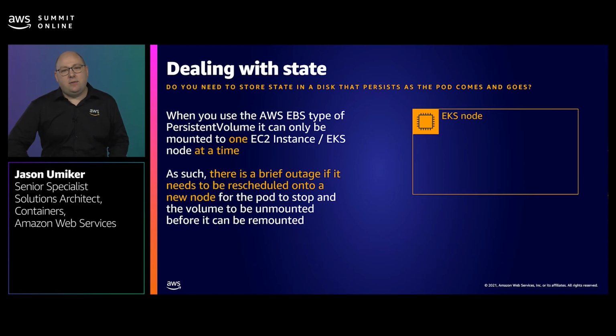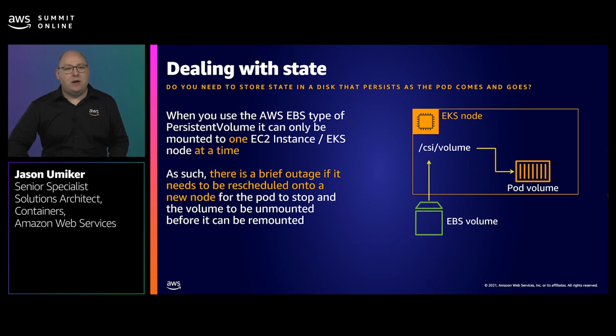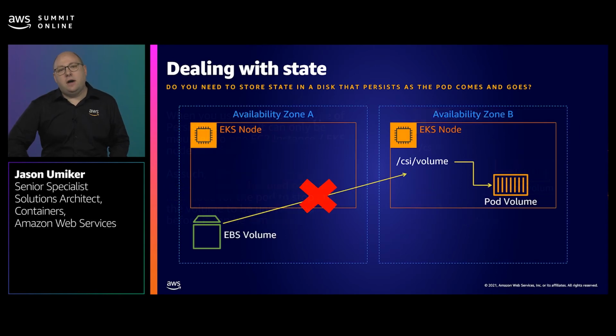The other kind of state we run into is when an application requires a disk in the form of a persistent EBS volume. The challenge with these is that the volume needs to be unmounted from the existing pod and node before it can be remounted on another, leading to a brief disruption if you want to move it to a new node. Another challenge is that EBS volumes are tied to a specific availability zone, so it ties your pod to that as well.